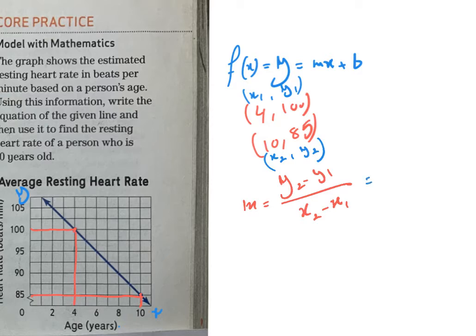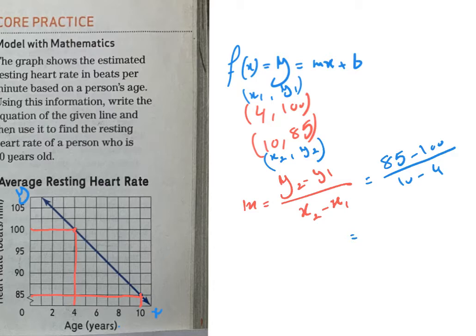So that's going to be 100 minus 85 over... well, actually y2 minus y1, so it's going to be the other way. I made a mistake here. So y2 minus y1 would be 85 minus 100, over 10 minus 4, right?